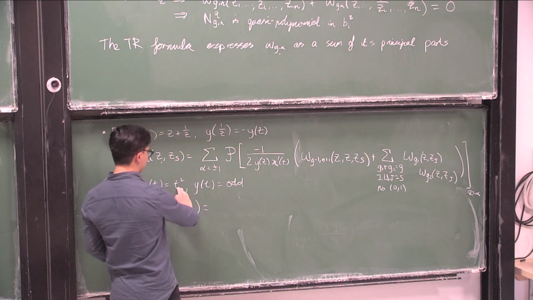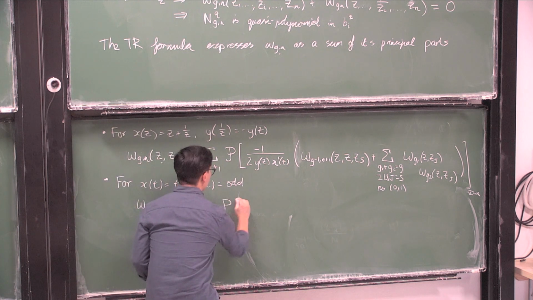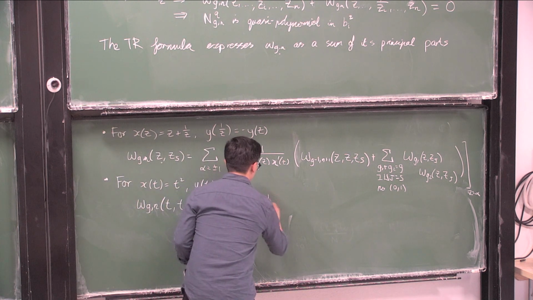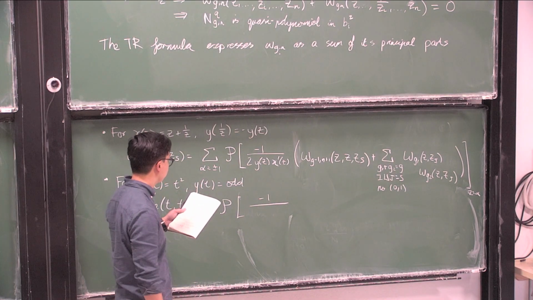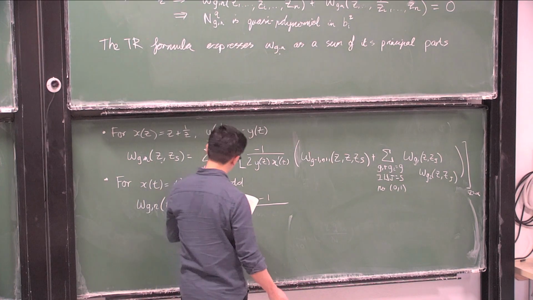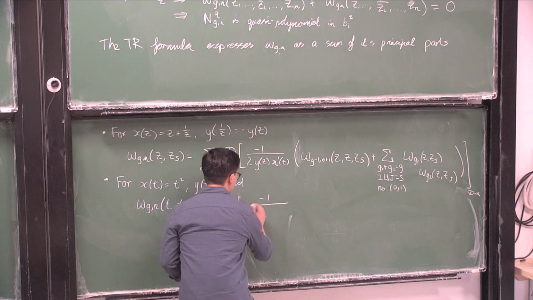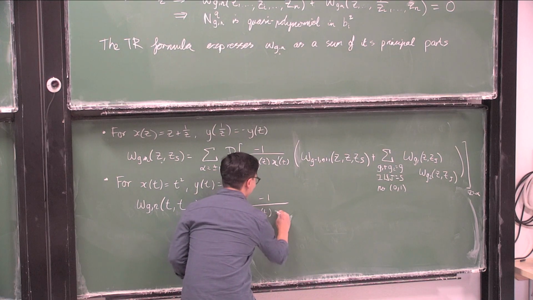Now there's only one branch point, where this derivative vanishes, so it's at 0. So I get this principal part, negative 1 over, let me abuse notation, y of t, x prime of t.